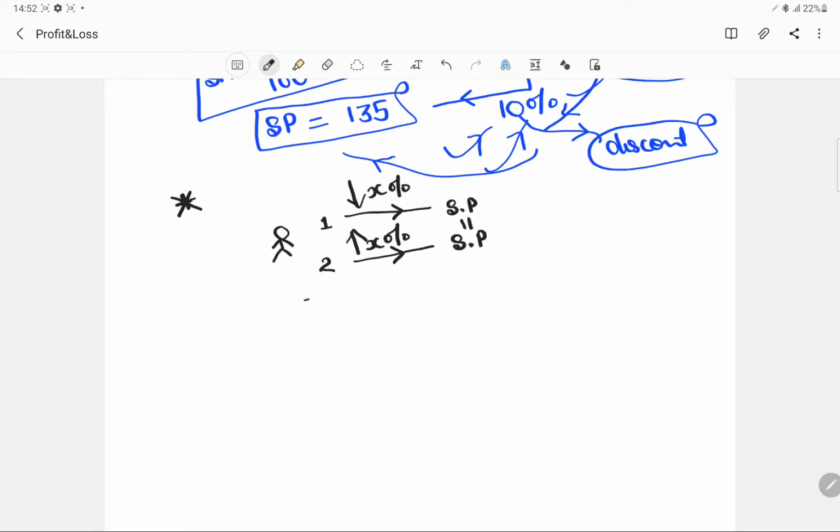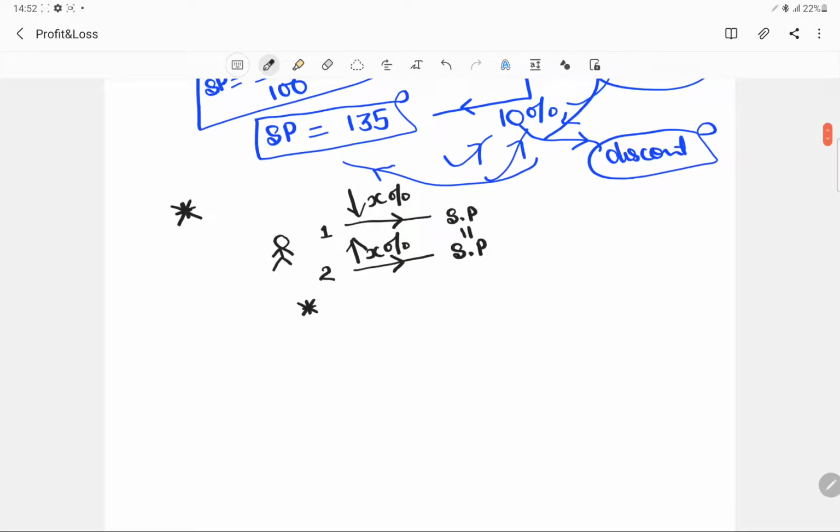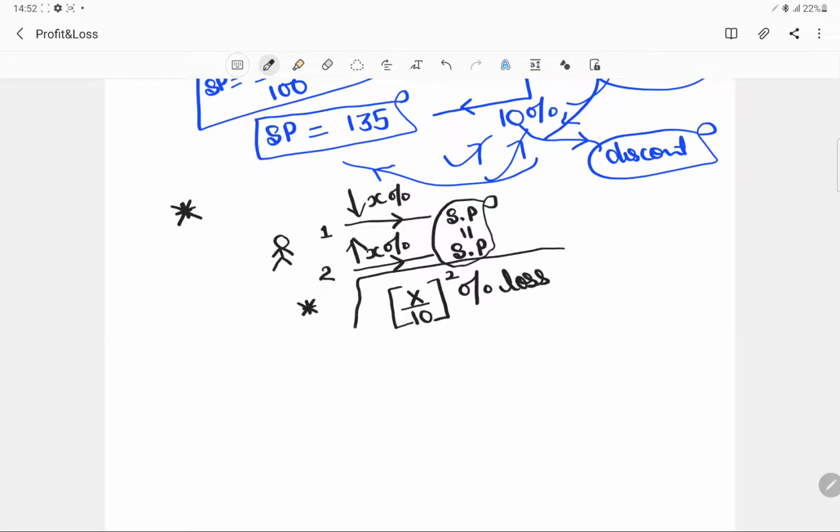So remember this. There is indeed an explanation for that, but it is not needed. If he ended up selling both the articles for the same price, and over one he had a profit of X% and over the other a loss of X%, then in the entire deal he would end up with a loss of (X by 10) whole square percent. Just learn it.